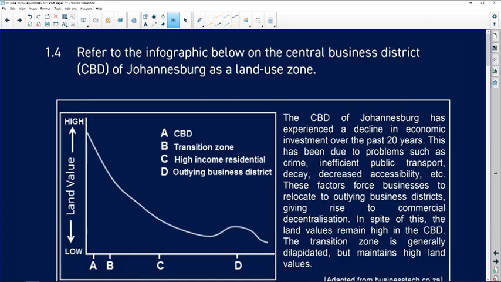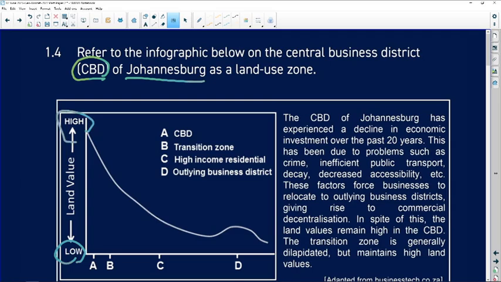Okay, our next question, we got a graph showing us the land value of an urban area, and the example that was given is from Johannesburg. We got the Central Business District, also known by the abbreviation CBD. And as you can see, the land value low and high. Now immediately what can we see?